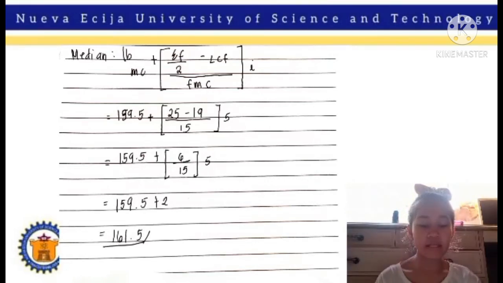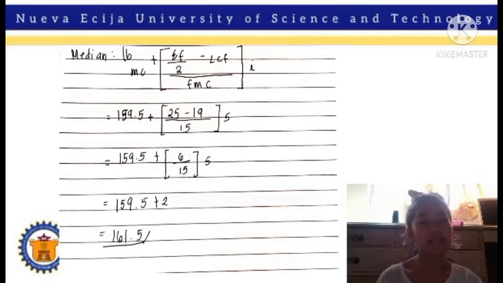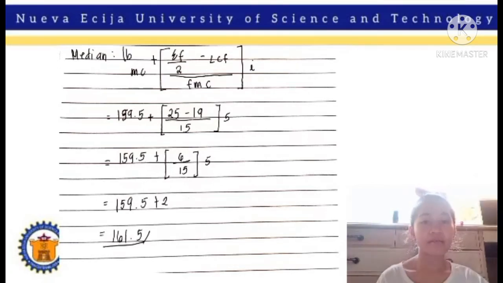To get the median, the formula is the lower boundary of the median class plus half of the total frequency, n over 2, minus the cumulative frequency of the lower class, divided by the frequency of the median class, multiplied by the class interval, which is 5. Our half of the total frequency is 25 because 50 divided by 2 is 25.